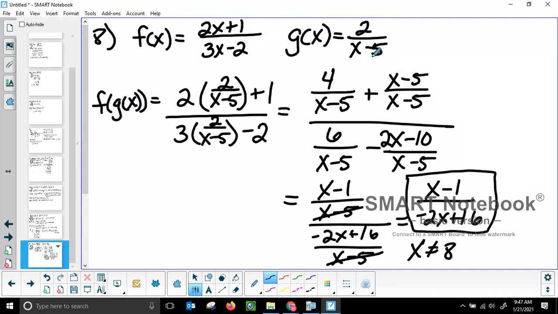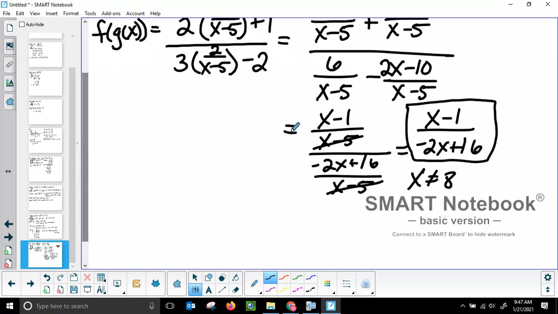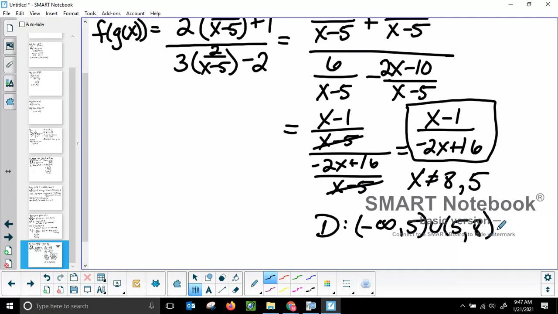Which is this 2 over x minus 5. Whatever is not in this domain also has to be included, and that's what most people forget. So x cannot equal 5 either. So our domain here would actually be negative infinity to 5, union 5 to 8, union 8 to infinity, obviously not including 5 and 8 anywhere.